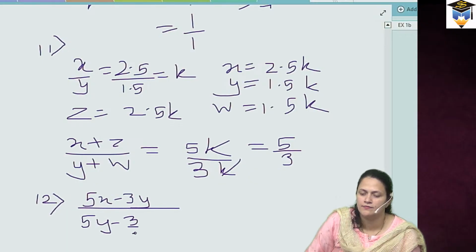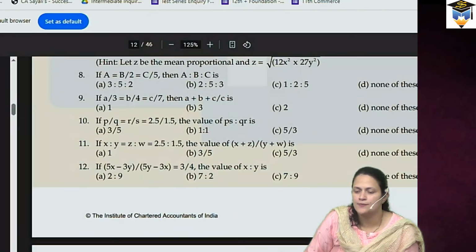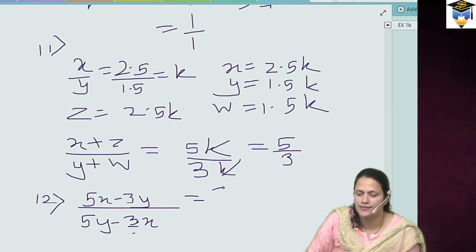Correct, cross multiply. Find out the values of x by y.